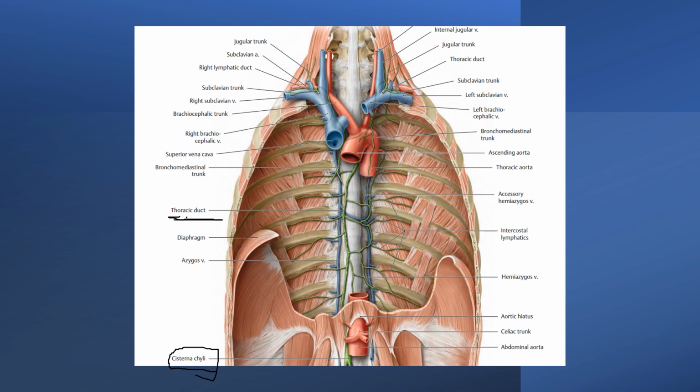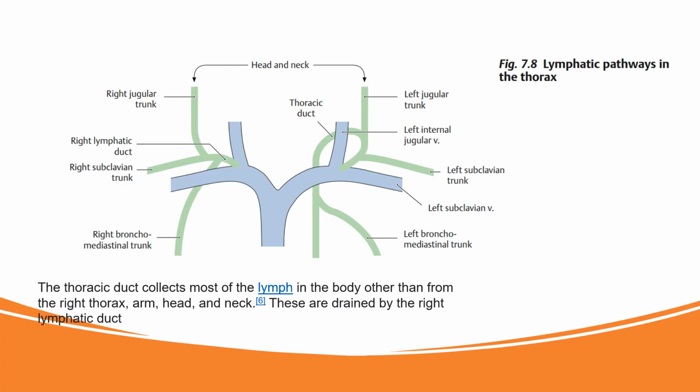And there it receives its lymphatic drainage from the left subclavian trunk, sorry, not vein, and the left jugular trunk. Again, you can see the pathways through which the lymph is circulated throughout the body. So this is the thoracic duct.